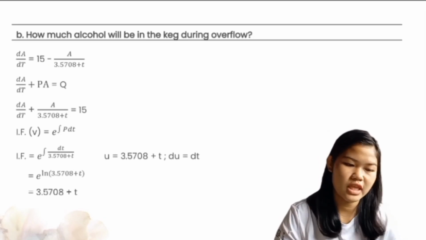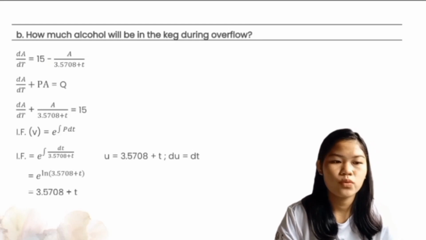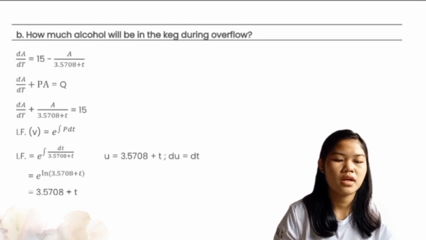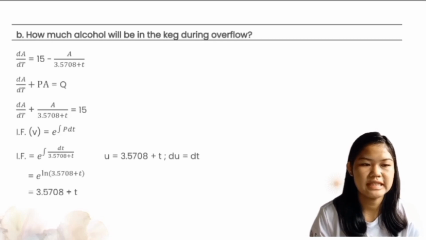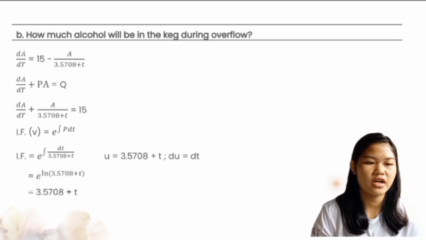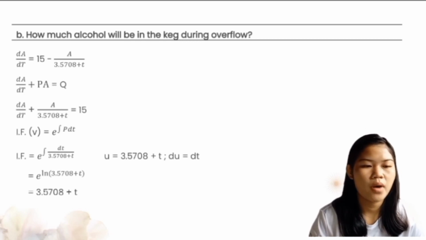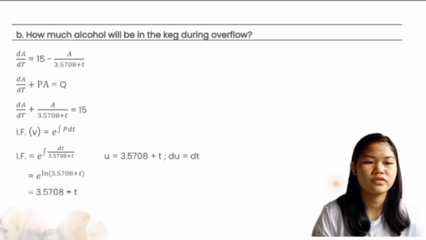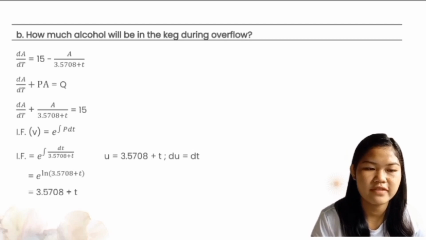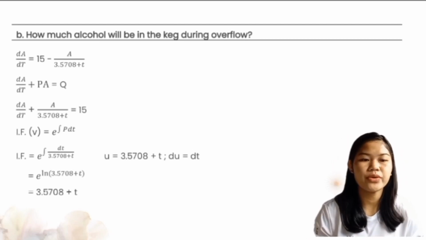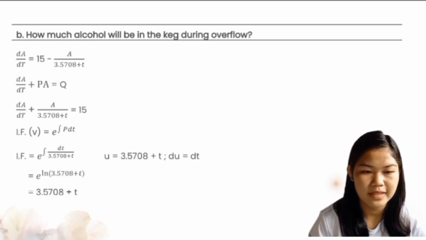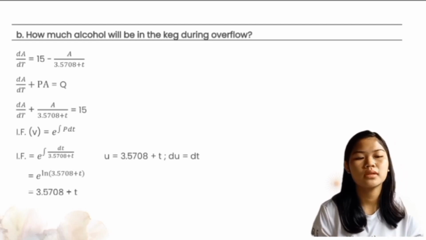We then solve for the integrating factor v, which is equal to e raised to the power of the integral of p dt. So the integrating factor is equal to e to the power of the integral of dt over 3.5708 plus t, where u is equal to 3.5708 plus t and du is equal to dt.